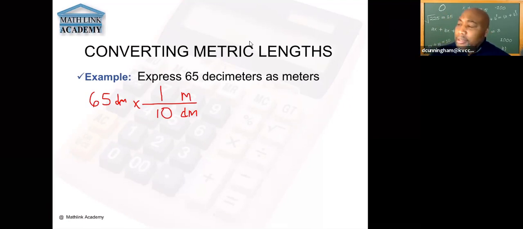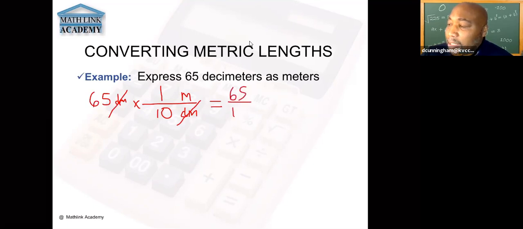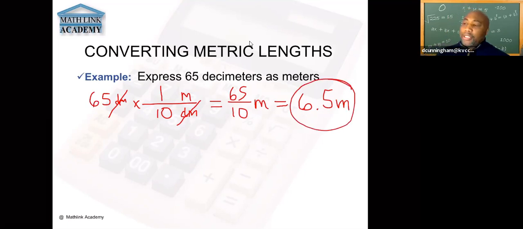So in this case, if you notice here, our units will cancel. We're only left with meters, and so we look at 65 divided by 10. In this case, you'll write the answer as 6.5 meters. So 65 decimeters is equal to 6.5 meters. Again, just knowing our conversion rate for this.